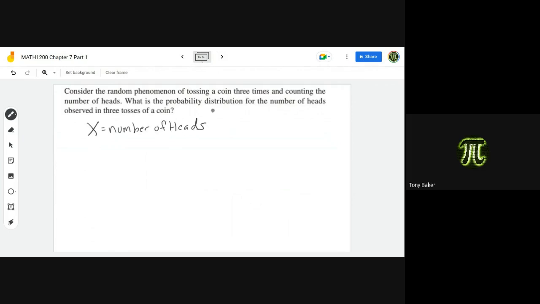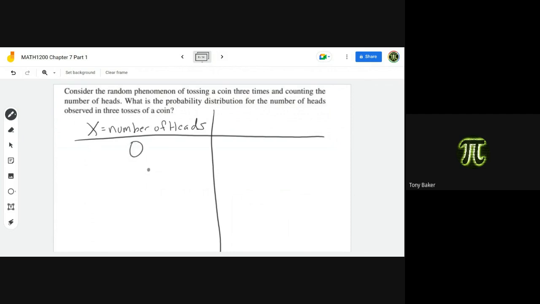Okay. What are the values for the number of heads that I can get? Since you're tossing it 3 times, it could be 0, 1, 2, or 3.